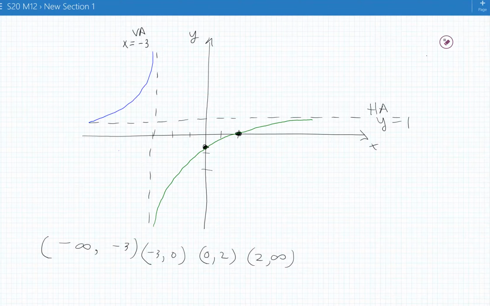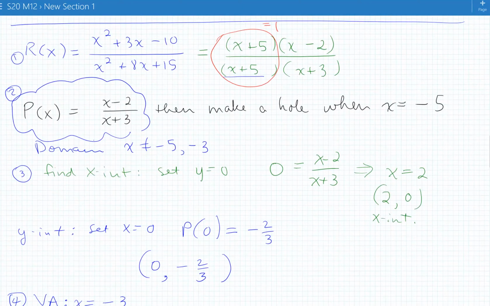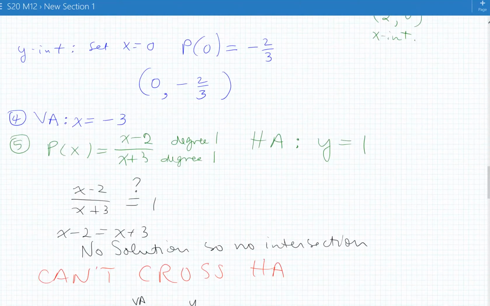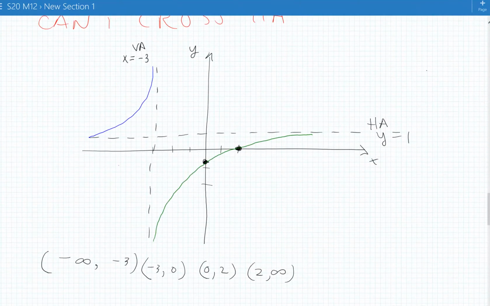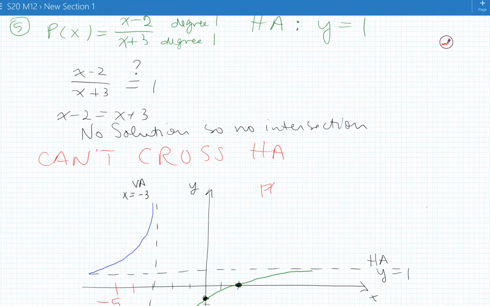So here would be my graph of the p function, that's in lowest terms, but then we need to come back here and say, oh yeah, at x equals negative 5, I have a hole. So I need to come down here to x equals negative 5 and say, let's see, what is p of negative 5?